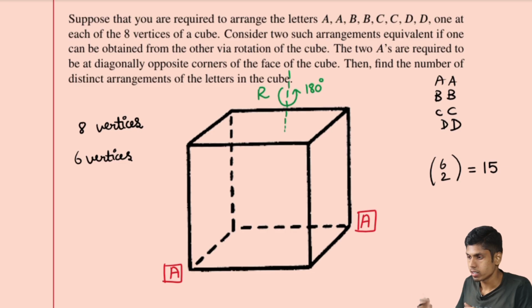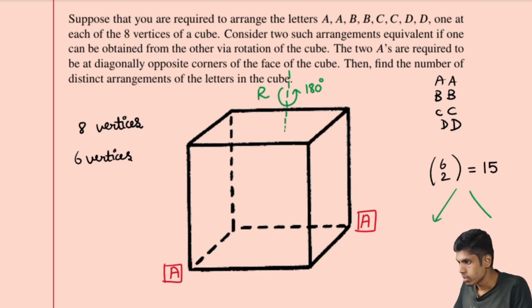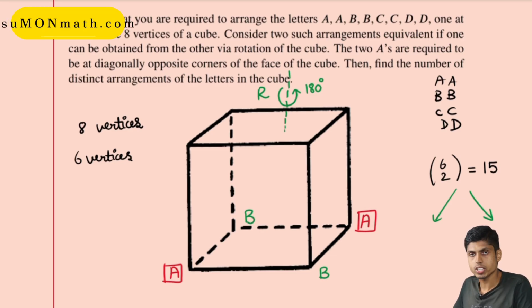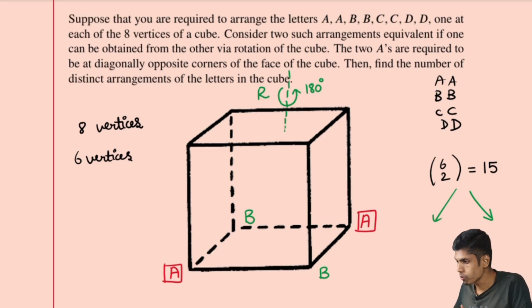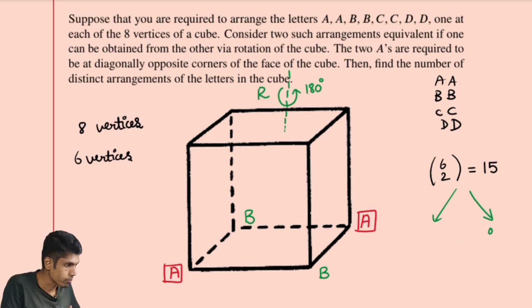Over here, there are 2 possibilities. The 2 B's occur symmetrical with respect to R, the rotation R. If B occurs here and here, in the bottom face, the other 2 vertices, then by performing the rotation R, you're going to get back the same configuration, which means I'm going to count it 1 time.